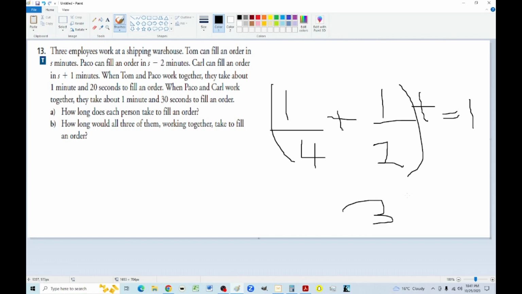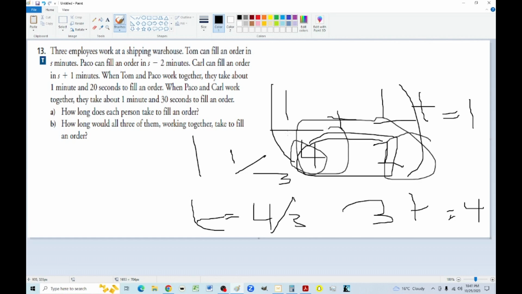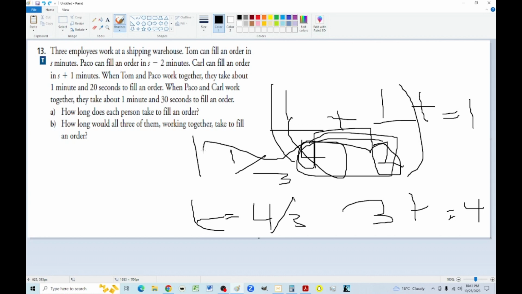So I get 3t, and if I multiply by 4 on both sides, on the right side I get 4, and t is equal to 4 divided by 3. In other words, it's going to take us 1 hour and a third to do what it took this guy 2 hours if I add my help in, which makes sense because I'm not as fast as him, so I'm going to only chip a little bit off his 2 hours.